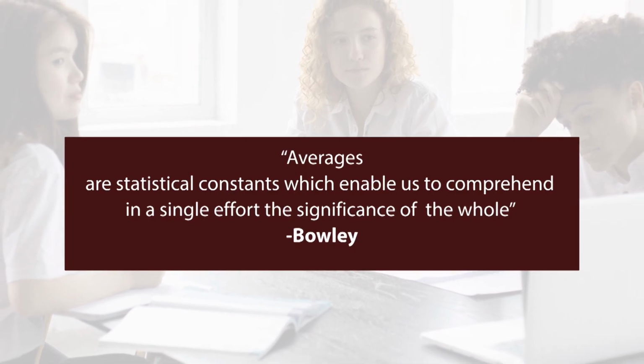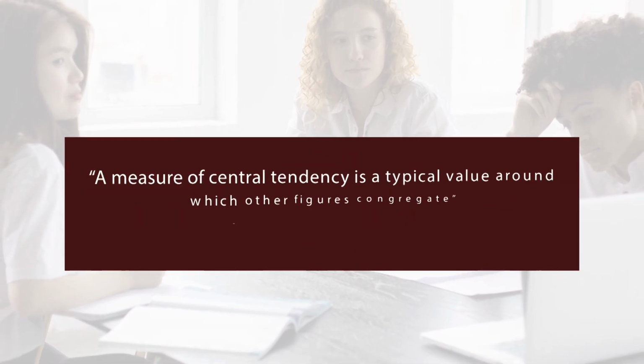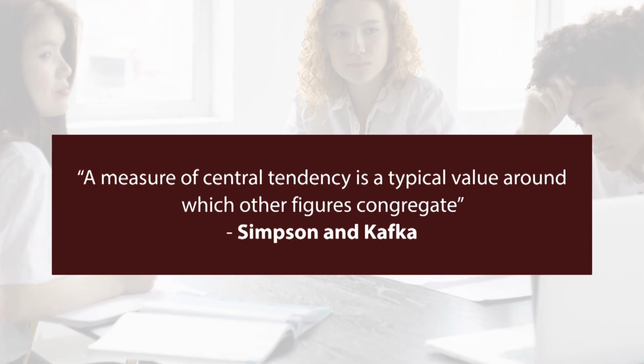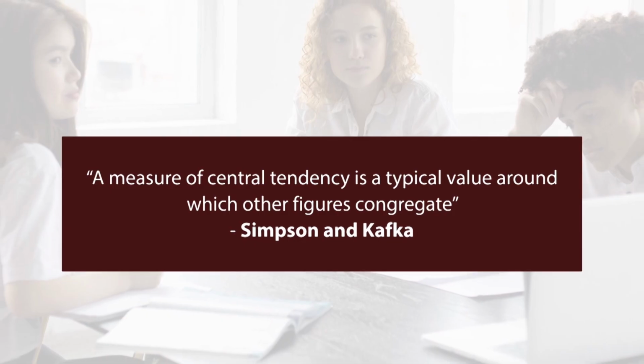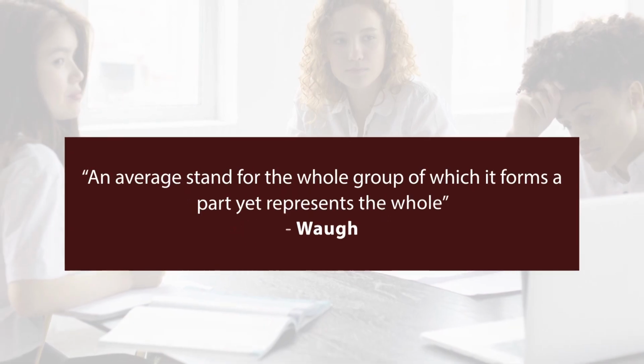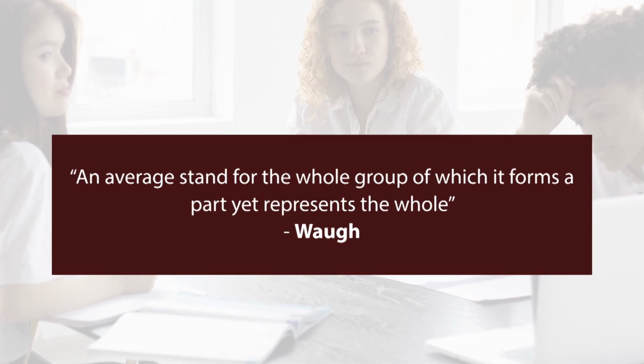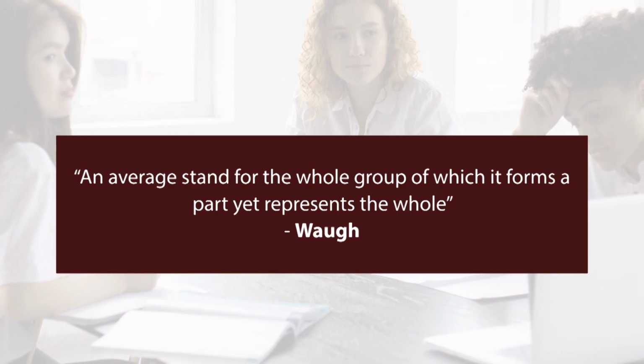Professors Simpson and Kafka stated that a measure of central tendency is a typical value around which other figures congregate. Professor Waugh said that an average stands for the whole group of which it forms a part, yet represents the whole.